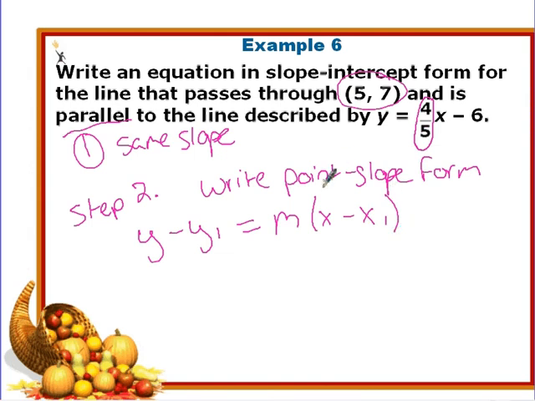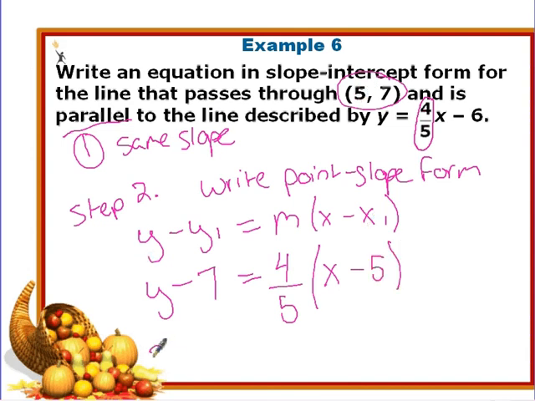This is the formula for our new line, the parallel line. So y minus, and we want to go through this y point, 7, equals m. We're going parallel, so we want the same slope, so 4/5 times x minus, and x1 will be this x coordinate right here.